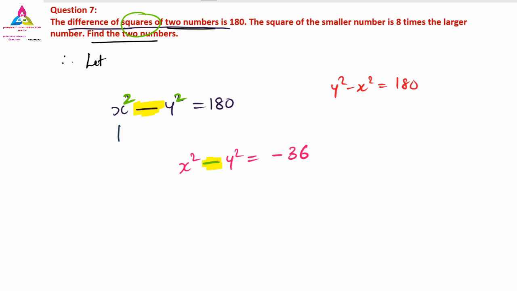So here x is largest, because we have the sign as negative and the final answer is positive, so the greatest number will be x. In the second case, in between we have negative, but the final answer is negative, so y is the greatest number. So everything is based on the sign. Understood?